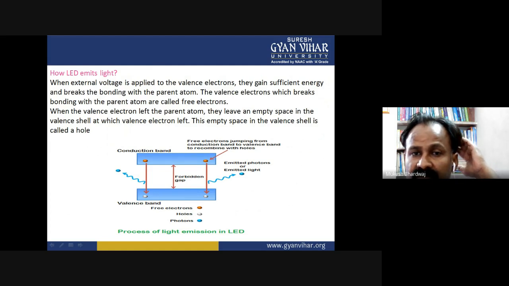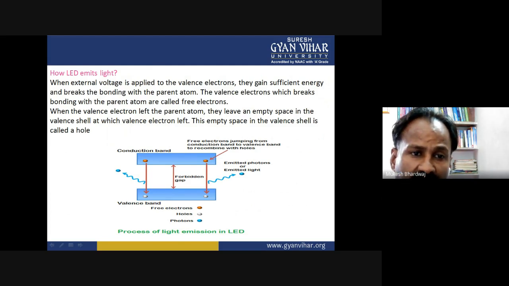The valence electrons which break bonding with the parent atom are called free electrons. When the valence electron leaves the parent atom, it leaves an empty space in the valence shell. This empty space in the valence shell is called a hole.